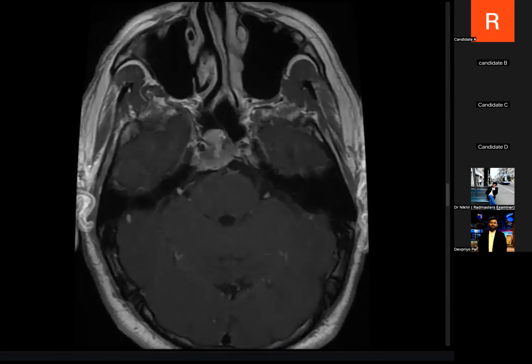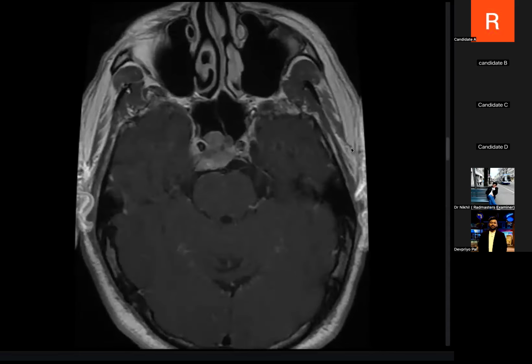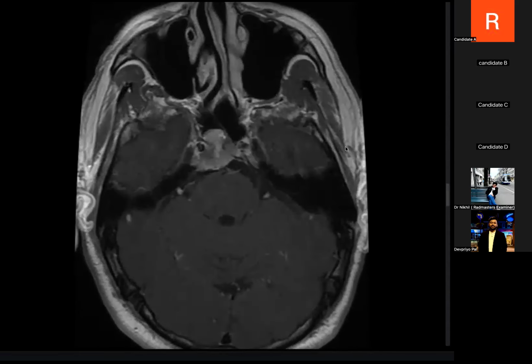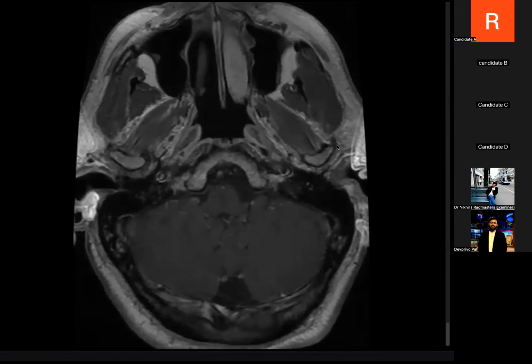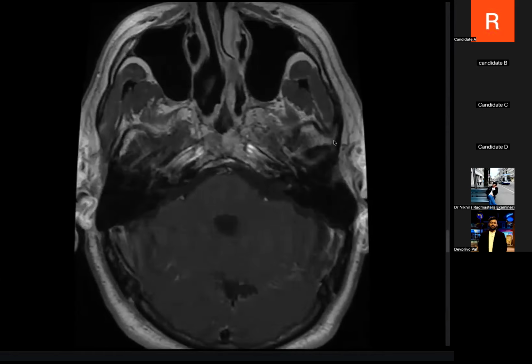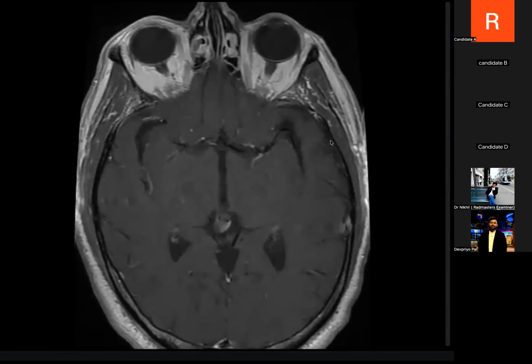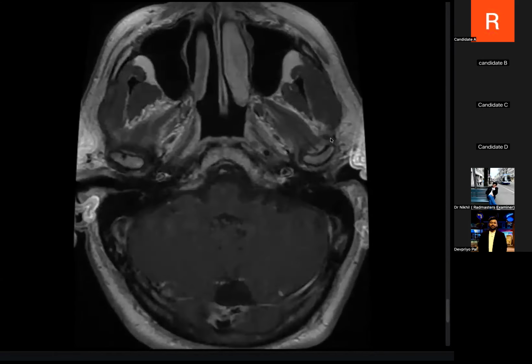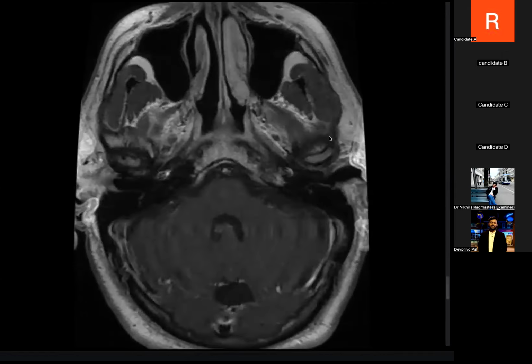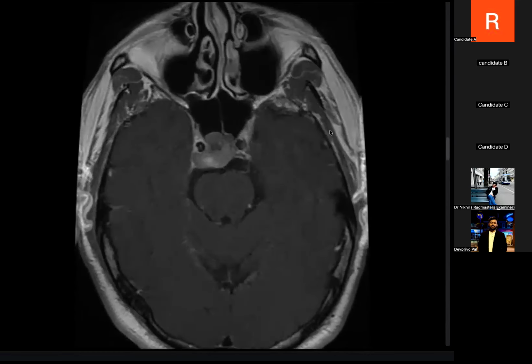Okay. This is your post-contrast. So post-contrast shows heterogeneous enhancement. I'm looking for any other focal lesion. The rest of the image I can't appreciate. So at this point, with T2 bright signal and post-contrast enhancement, as it is very T2 bright, I would consider chordoma as my primary diagnosis.